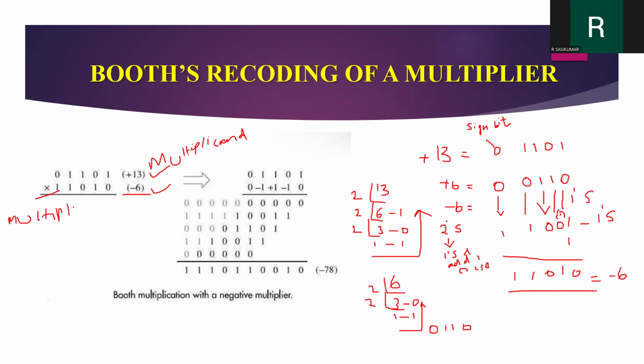What is the Booth recoding of the multiplier? 1, 1, 0, 1, 0. According to Booth recoding, we have to append an implied 0.